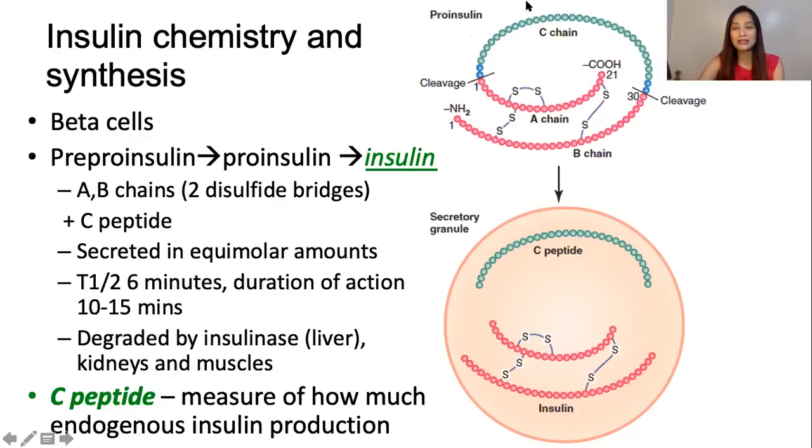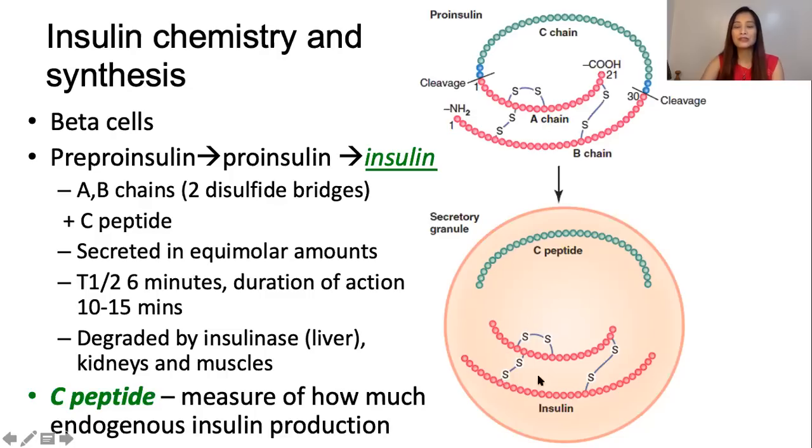The C-peptide, or C chain, is cleaved from the pro-insulin, and when the C-peptide is cleaved, you are able to release your insulin. Insulin is composed of two chains, alpha and beta, connected by two disulfide bridges.